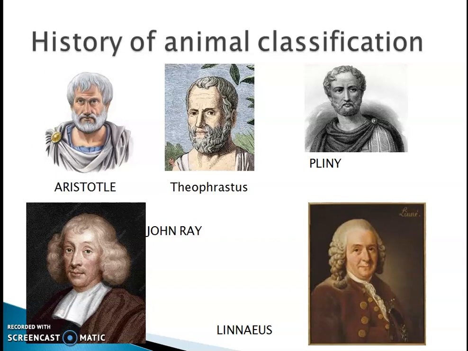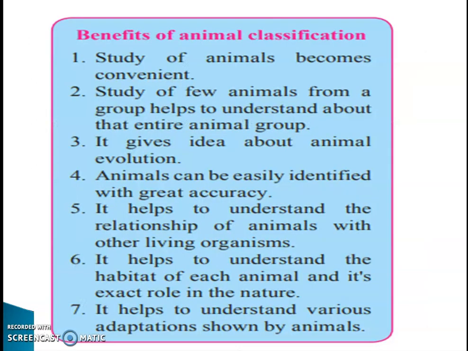Children, we will study what are the bases of animal classification on which they are classified into groups in detail in the next module. As of now, let us look at the benefits of animal classification.